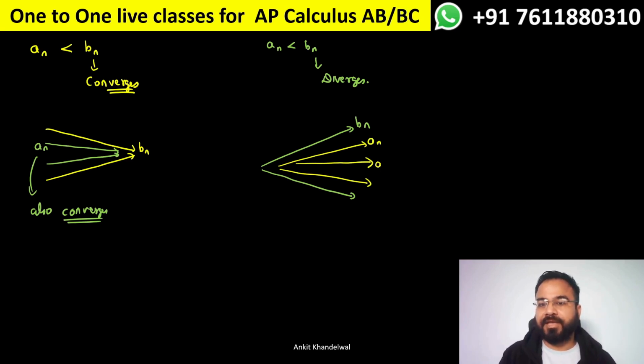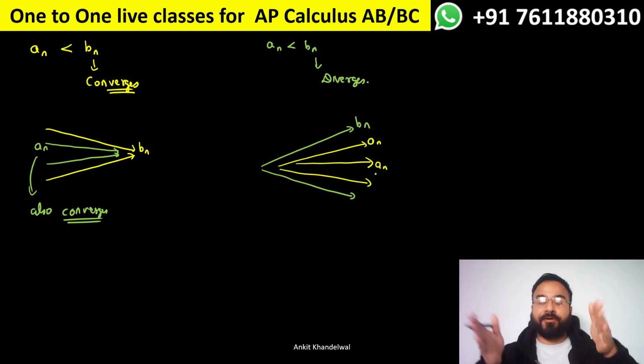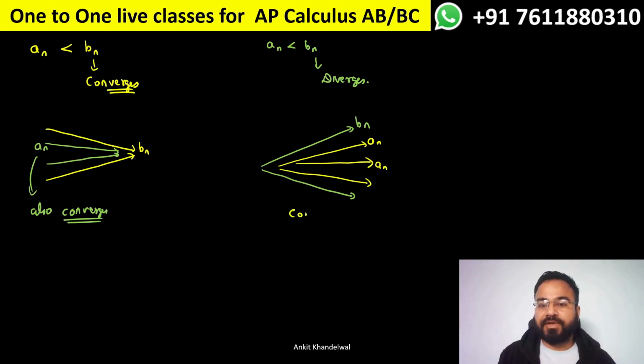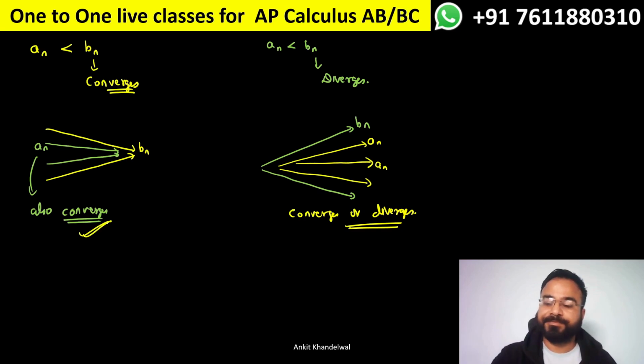An can expand or an can converge. So in this way we cannot say whether it converges or diverges. You can say in this case the test fails. We cannot comment upon an. It can be diverging, it can be converging also. So this is the first case, right? In the second case the test fails over here. In the earlier case we can say an converges.